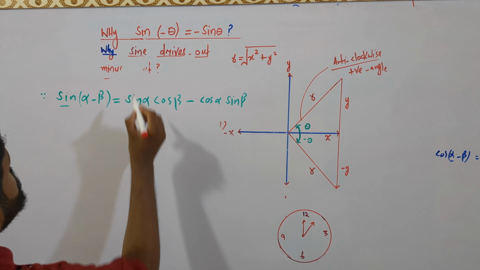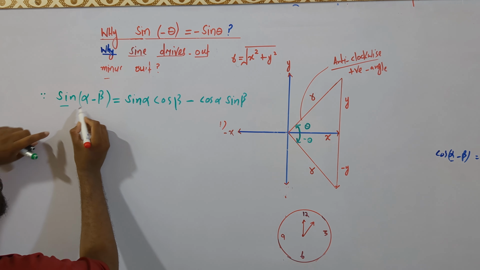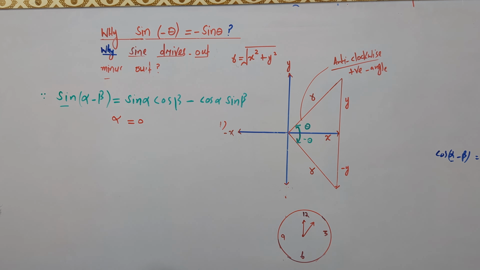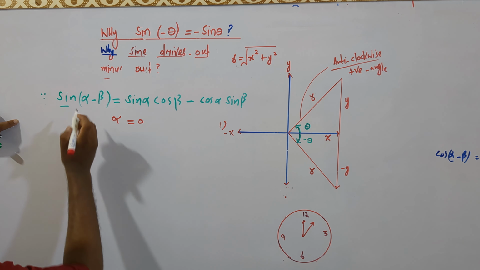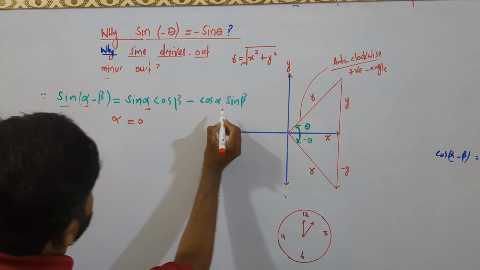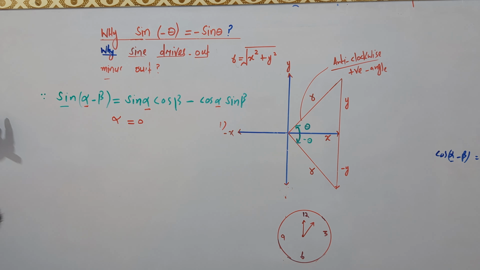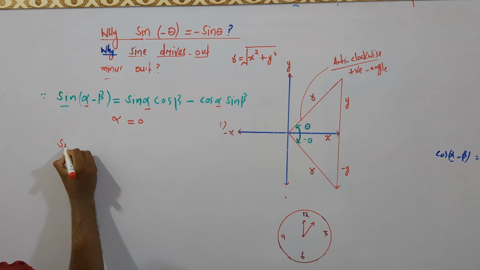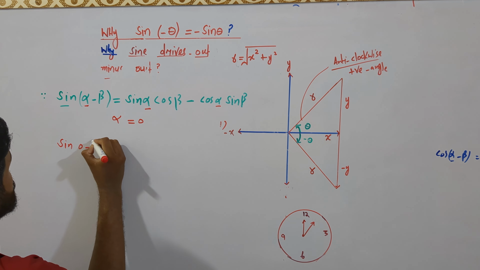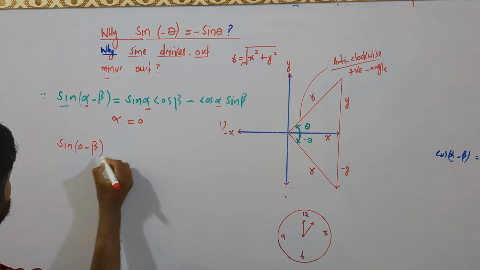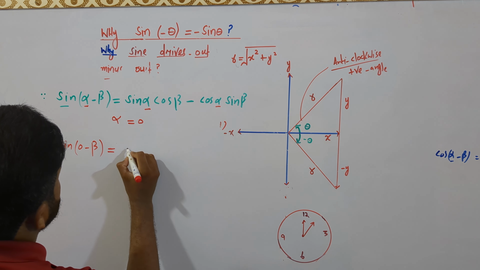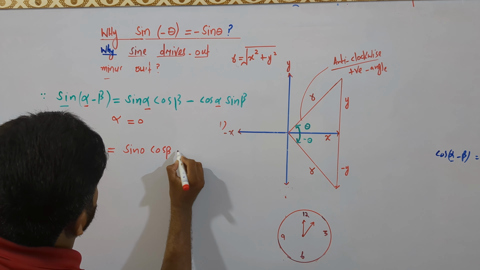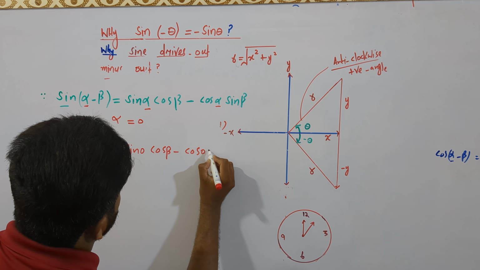So simply, we put alpha equal to 0. Sine of 0 minus beta is equal to sine 0 cos beta minus cos 0 sine beta.